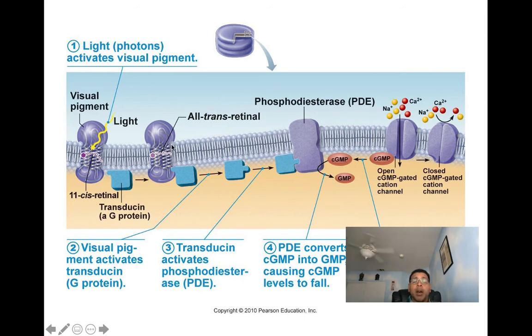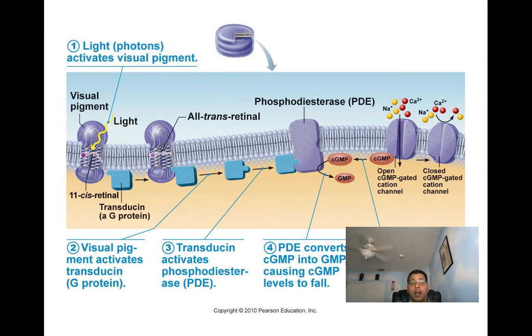It becomes all-trans retinol, so our transducin, our G protein, is activated. Transducin then activates phosphodiesterase, abbreviated PDE. This enzyme breaks down cyclic GMP to GMP.